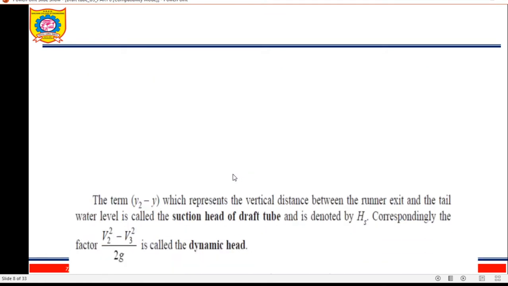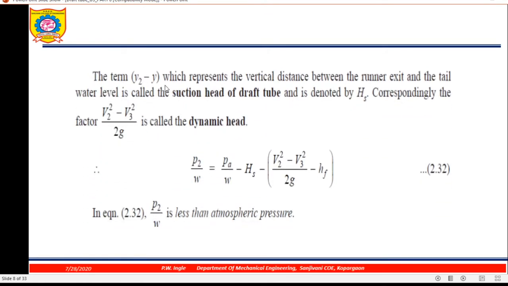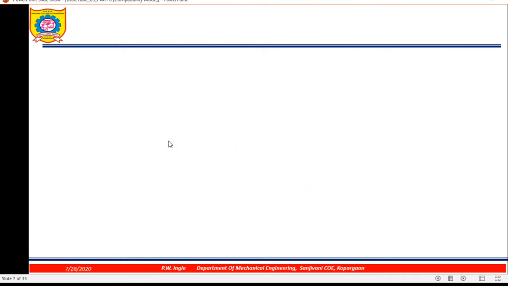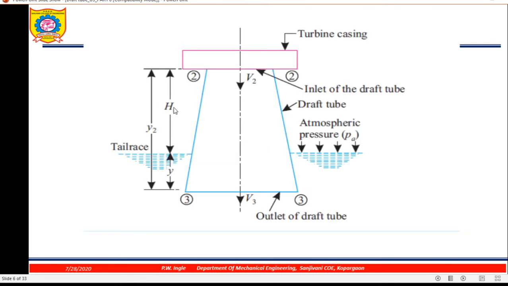The term Y2 - y represents the vertical distance between the runner exit and the tail water level. Y2 - y is nothing but hs.